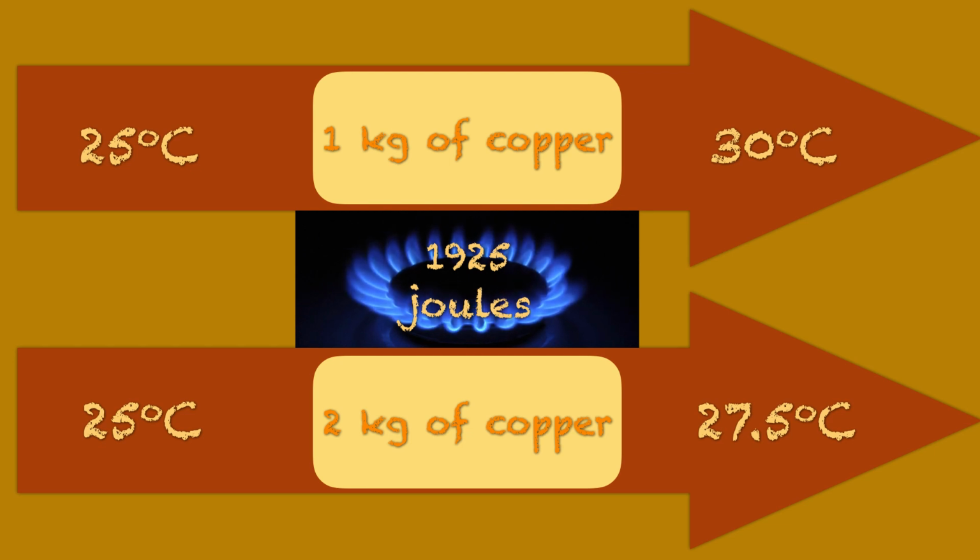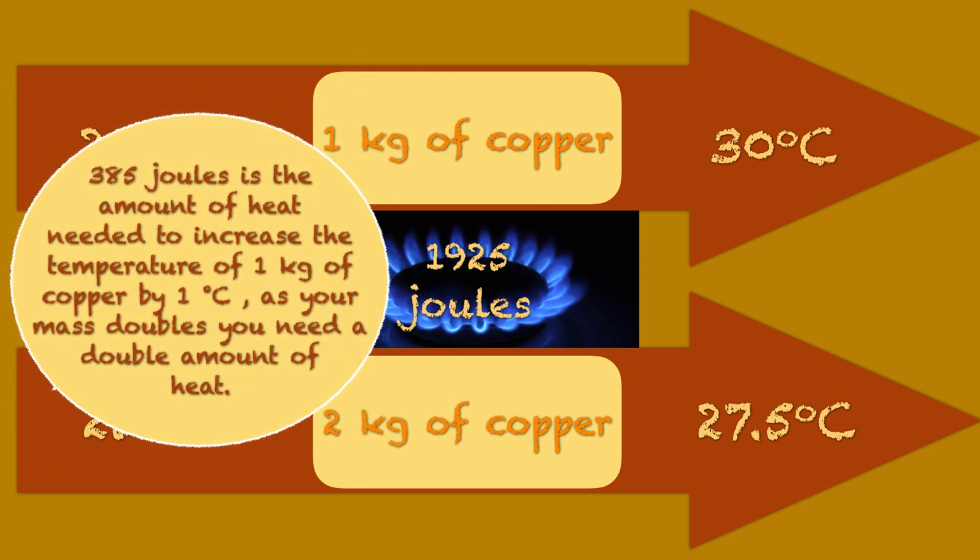Mr. Oven answered, 385 joules is the amount of heat needed to increase the temperature of 1 kilogram of copper by 1 degree Celsius. As your mass doubles, you need a double amount of heat.